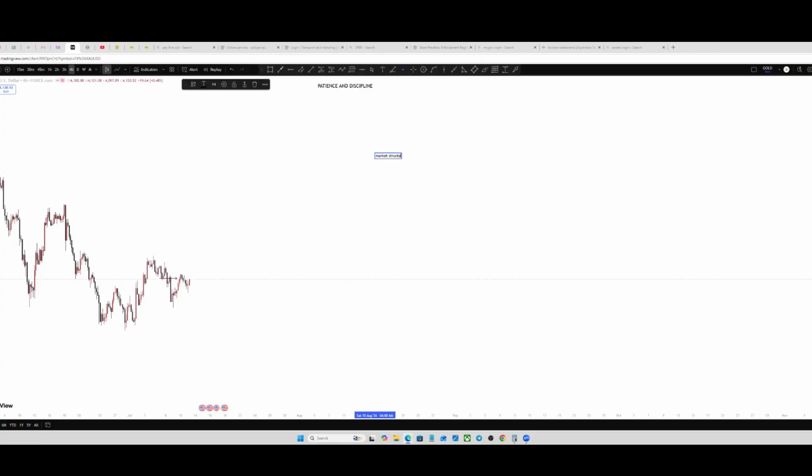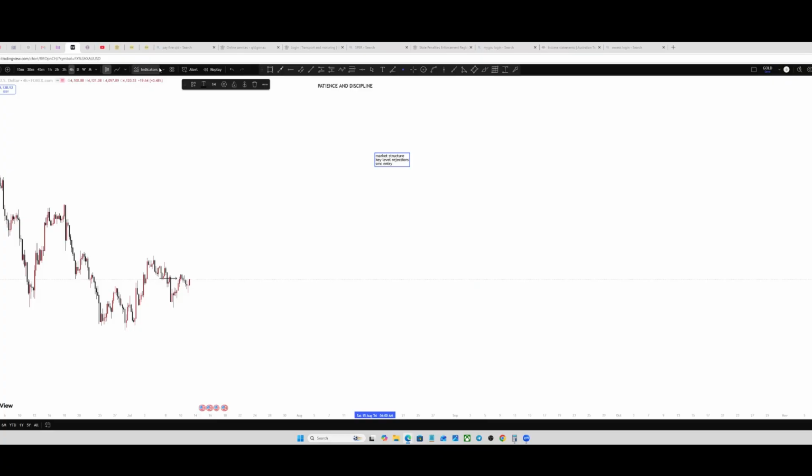Then after understanding the structure, which is the trend, the second thing is for me to look for my key levels, key level rejections. And once I see key level rejections at my preferred higher time frame, I just scale down to the lower time frame to look for an SMC entry.